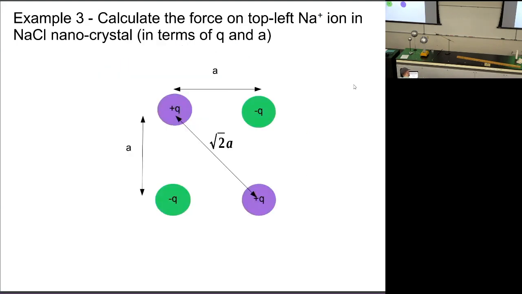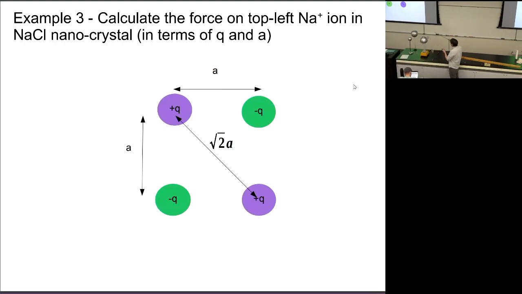Rather than calculate the forces in a massive sodium chloride crystal, let's take a nanocrystal. It's much more manageable. So I manufactured this nanocrystal here. It has two positive sodium ions and two negative chlorine ions at the four corners of the crystal.